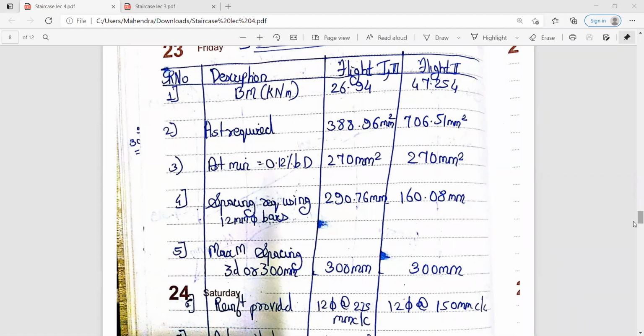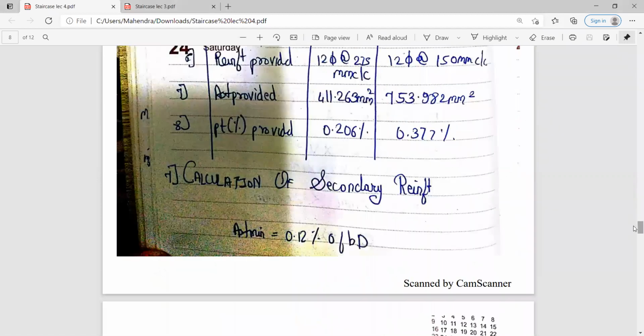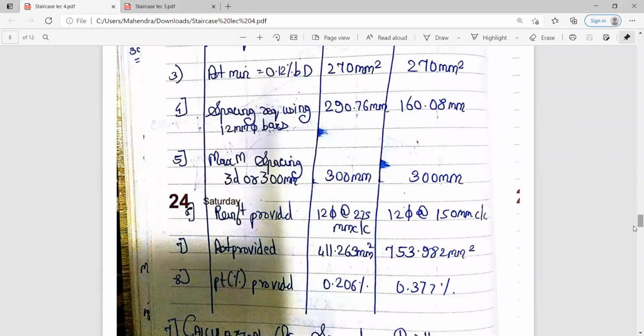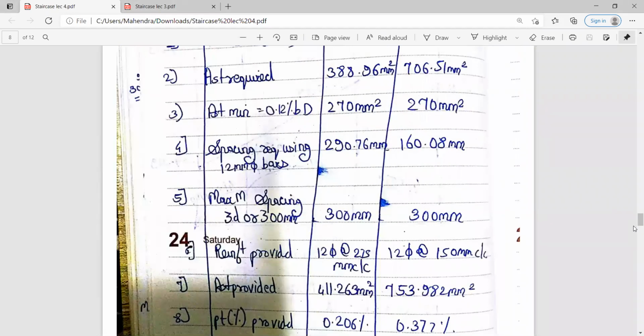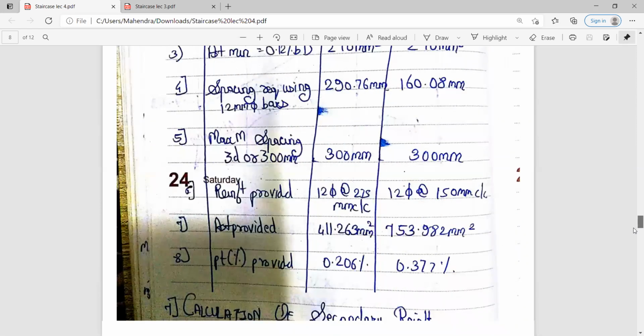Then for Ast required minimum spacing you are going to take 12 millimeter bars. So spacing आपको मिलता है 290 for flight 1 and 3, and for flight 2 it is 160.08 mm. Then maximum spacing is 3d or 300 mm. So maximum spacing is same for both the flights.